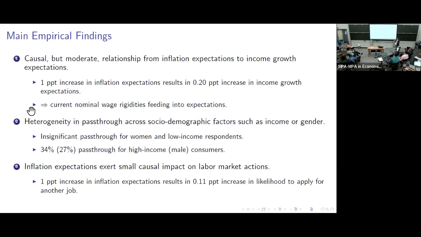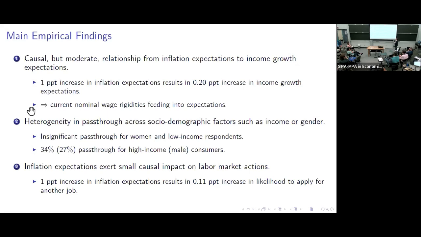So if I increase consumers' inflation expectations exogenously by 1 percentage point, then their income growth expectations would only increase by 0.2 percentage points. So that is already giving us some hints that current nominal wage rigidities seem to be feeding into how consumers perceive the relationship between inflation and income growth in the future.